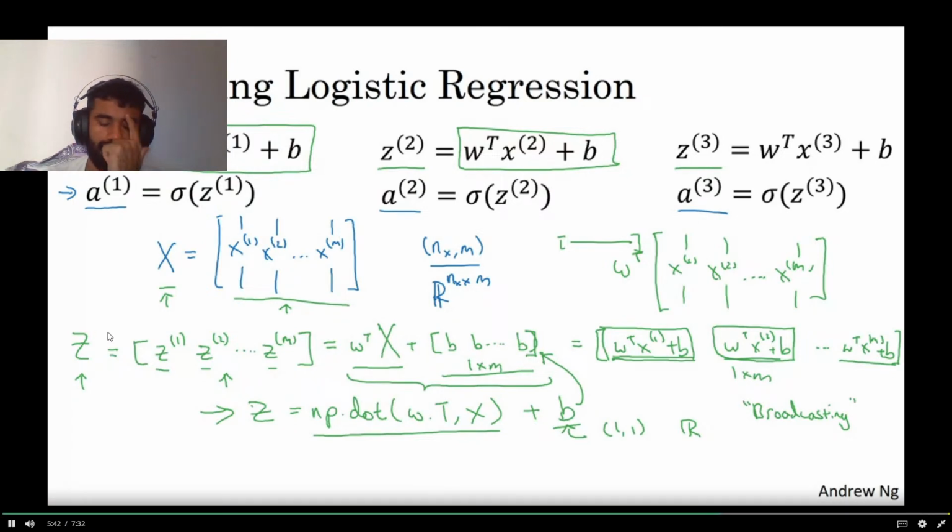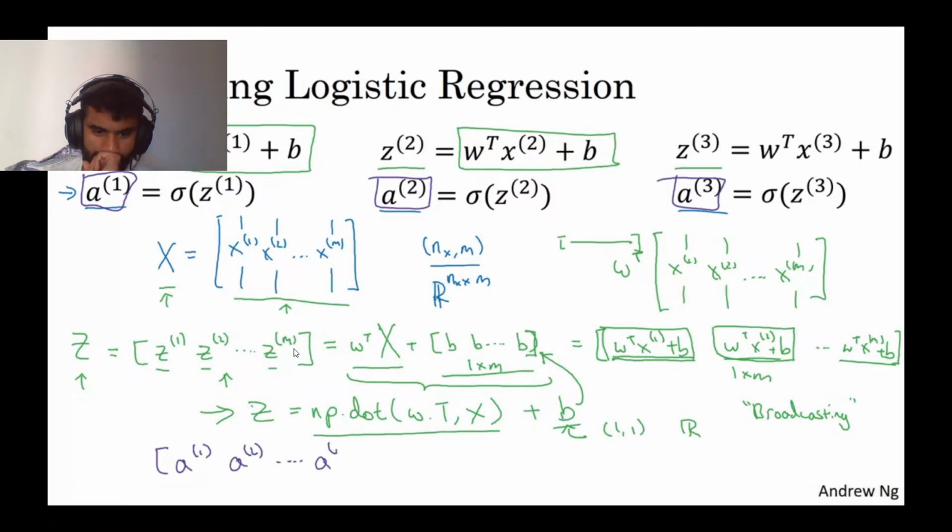So that was Z. How about these values, A, right? What we'd like to do next is find a way to compute A1, A2, and so on through AM all at the same time.